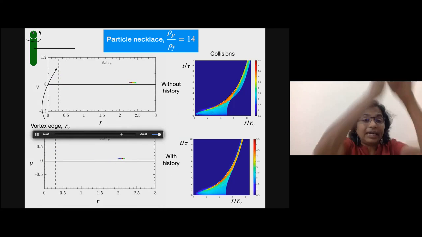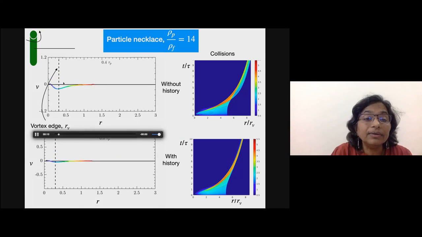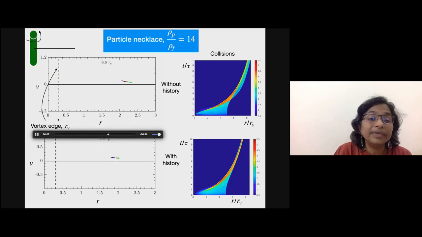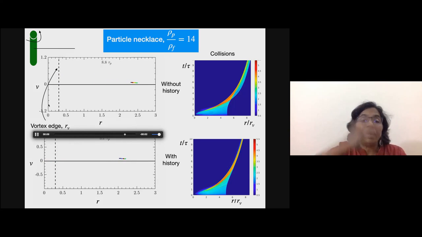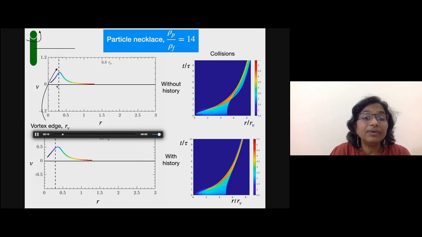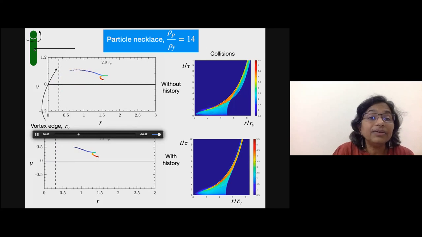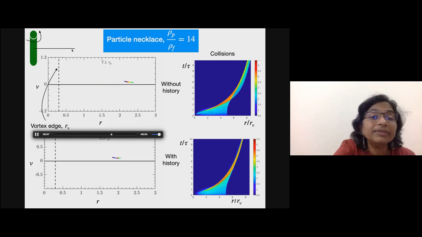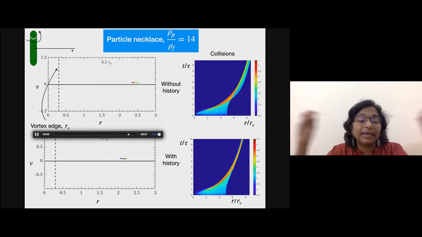We have a vortex whose thickness is R_v, and it's shown here. R is on the x-axis in these movies, and v, the velocity of the particle, is on the y-axis. This is the vortex thickness. So we start a necklace of particles, this whole line is full of particles arranged like that.